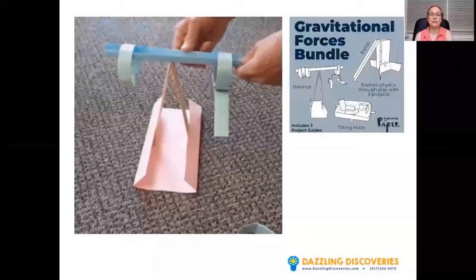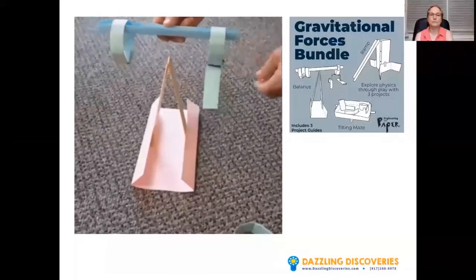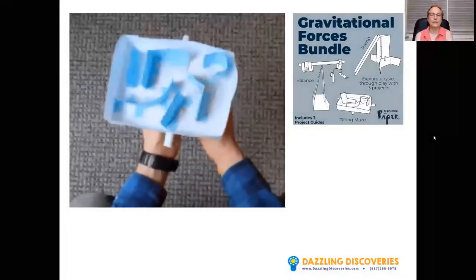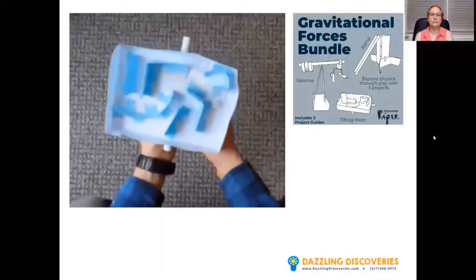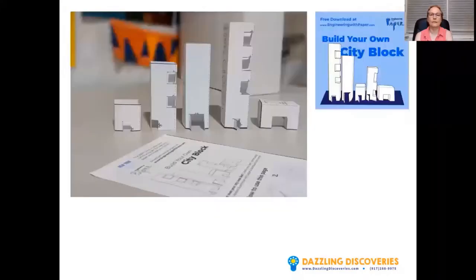This is a balance beam made completely with paper. This is a maze project. This is a cityscape. This is another one of our free downloadable projects. We did this a year and a half ago for the census.